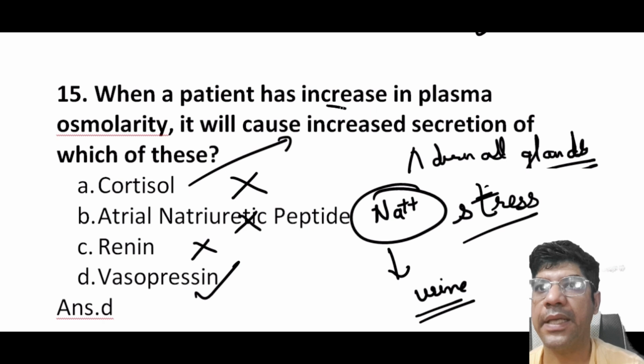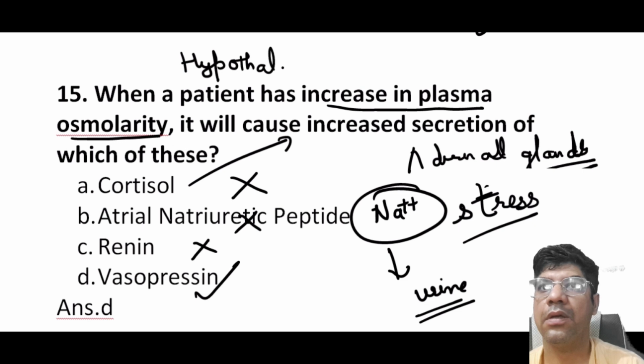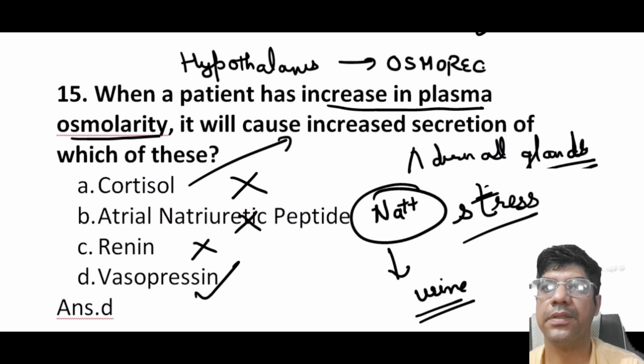Now remember, the increase in the plasma osmolarity is detected by specialized cells in the hypothalamus of the brain that are known as osmoreceptors.